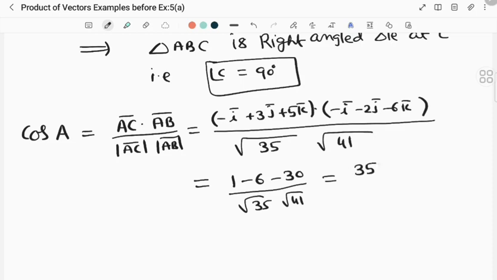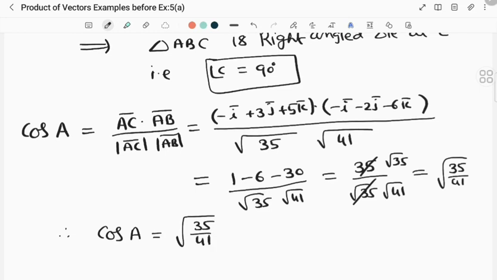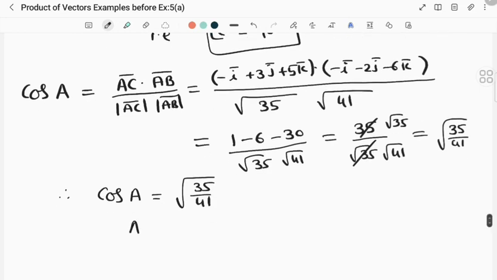So 35 by root 35 into root 41. So root 35 times cancel. So that is equal to root 35 by 41. Therefore cos A equals root 35 by 41; in your textbook this much clear information is not given, dear students. So A equals cos inverse of root 35 by 41.